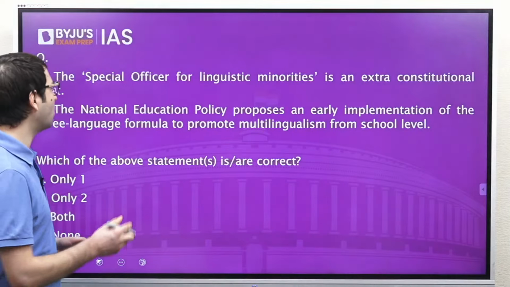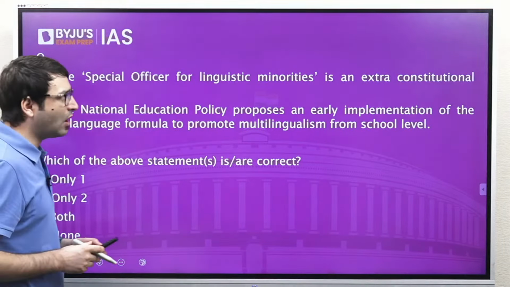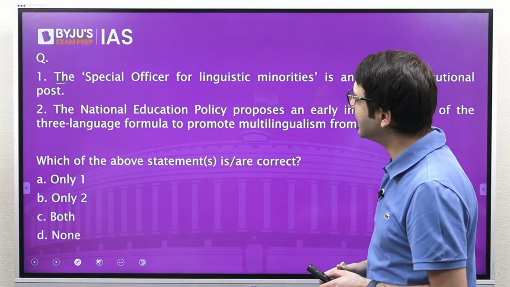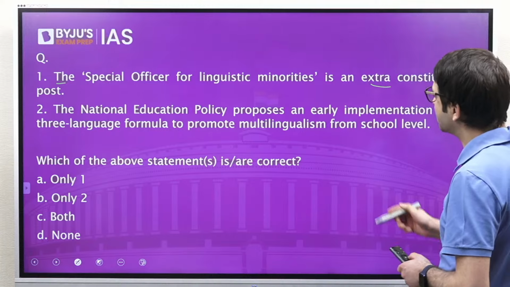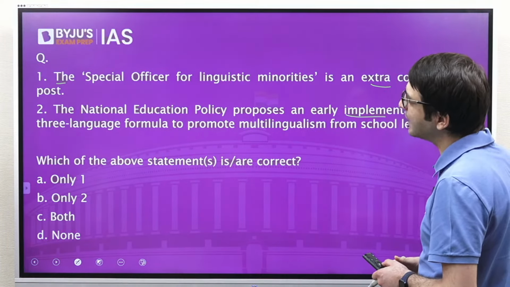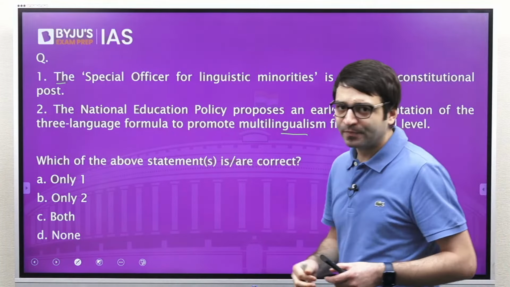Let's look at question number 1. Statement number 1: The Special Officer for Linguistic Minorities is an extra constitutional post. Statement number 2: The National Education Policy proposes an early implementation of the 3-language formula to promote multilingualism from the school level.